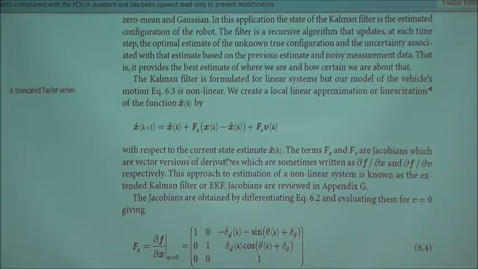With respect to the current state x hat, f x and f v are Jacobian matrices, which are vector versions of derivatives, as we said before, which are sometimes written as partial of f with respect to x, partial of f with respect to v, or a gradient, that upside down triangle you saw, gradient of f with respect to x and gradient of f with respect to v.